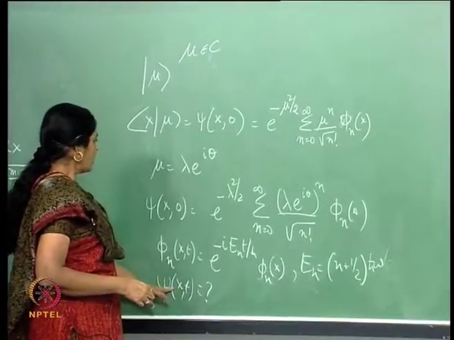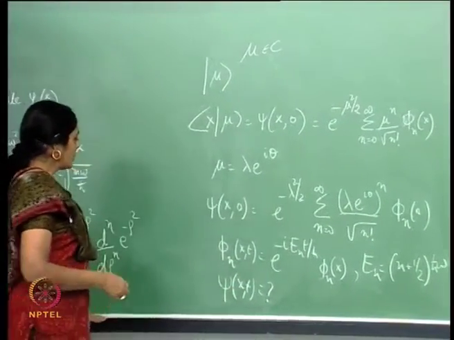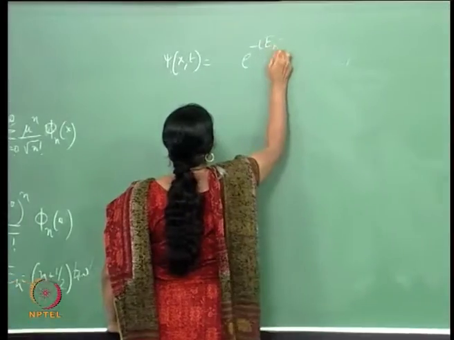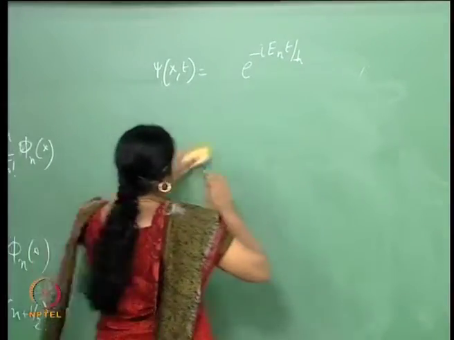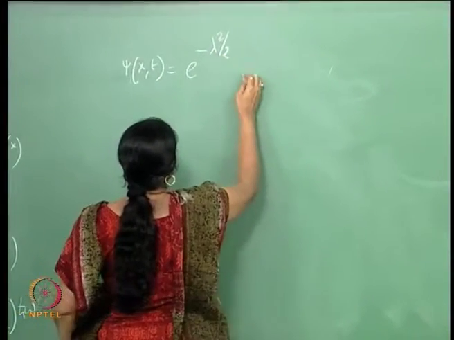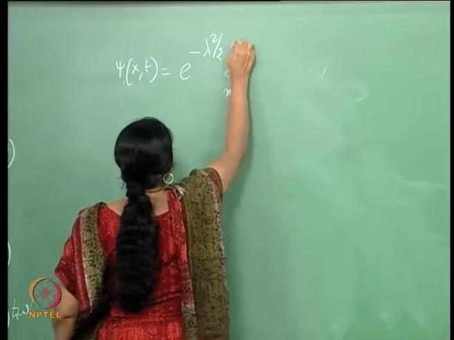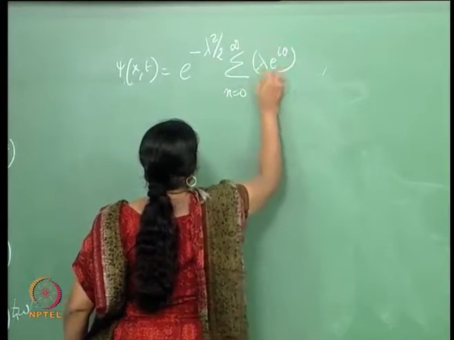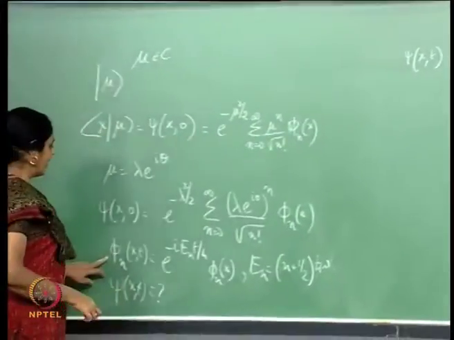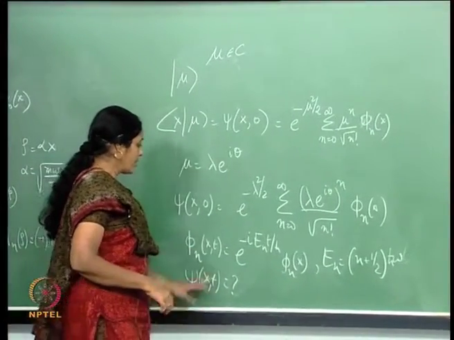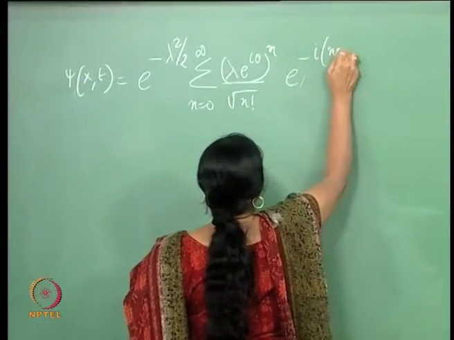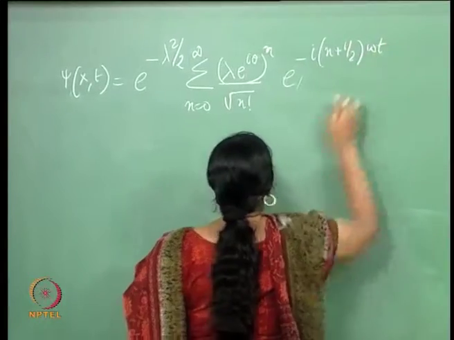So psi of x,t is simply going to be equal to e to the minus i E n t by h cross. Of course, let us start with the fact that it is a coherent state. So e to the minus lambda squared by 2, summation n equals 0 to infinity, lambda e to the i theta to the n by root n factorial, phi n of x,t, which is e to the minus i n plus half omega t.